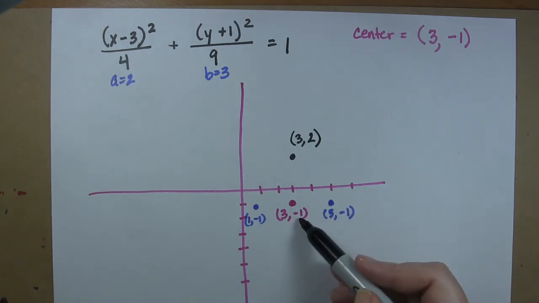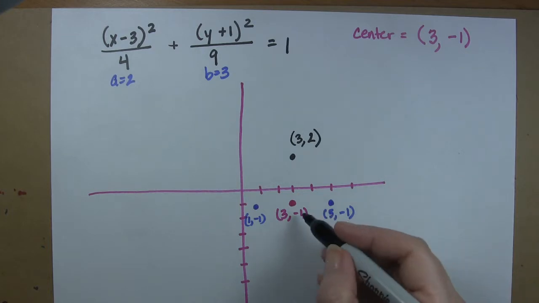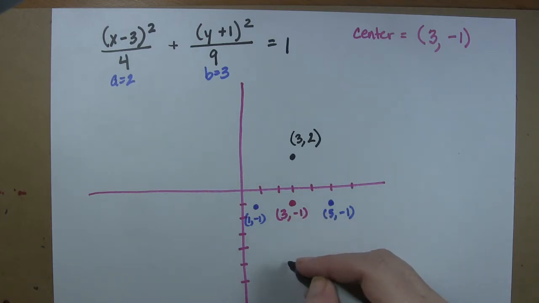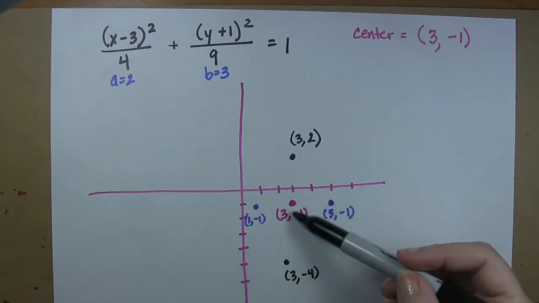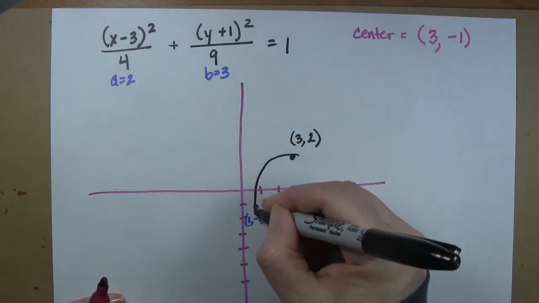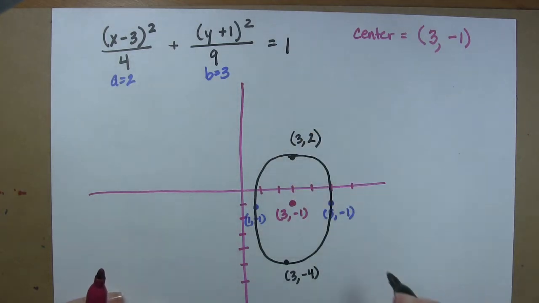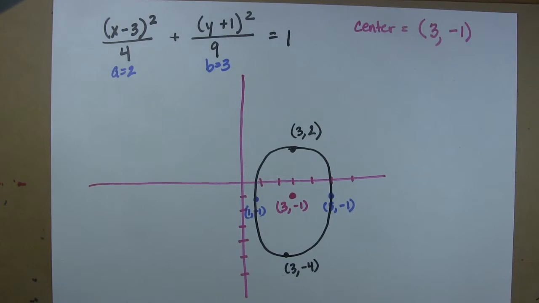Because negative 1 plus 3 makes positive 2. And then I can also count down, which would be at 3, negative 4. Okay? And then I can draw my ellipse, which looks like that. Okay, so far so good, and usually people are pretty good about that.